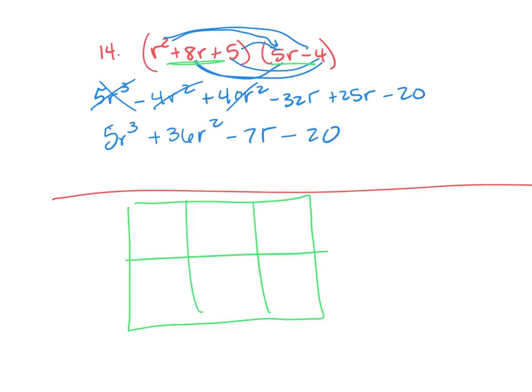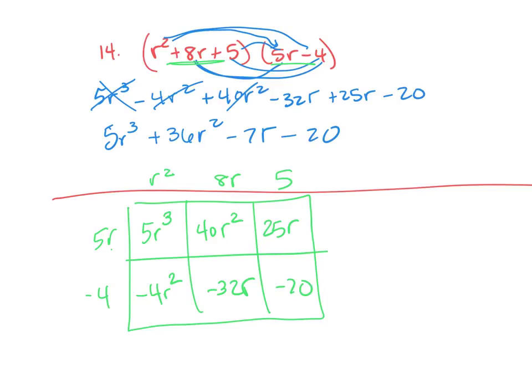And you put the 3 guys up here, so you have r squared, 8r, and 5, and then you have 5r and -4. So r squared times 5r goes in this box here, the first box is 5r cubed. 5r times 8r is 40r squared. 5 times 5r is 25r, minus 4r squared, minus 32r, and minus 20.